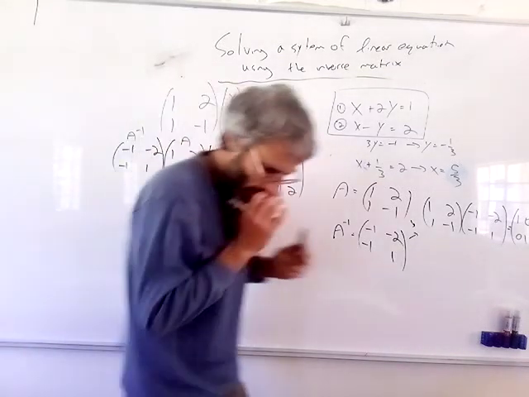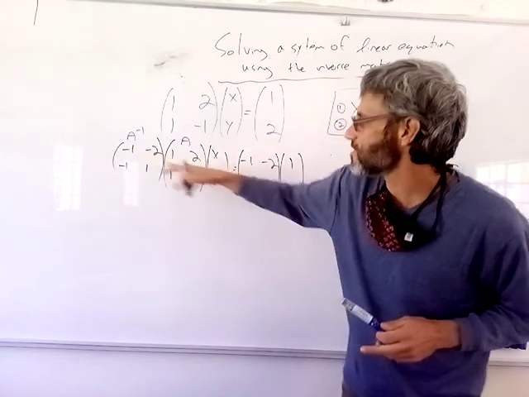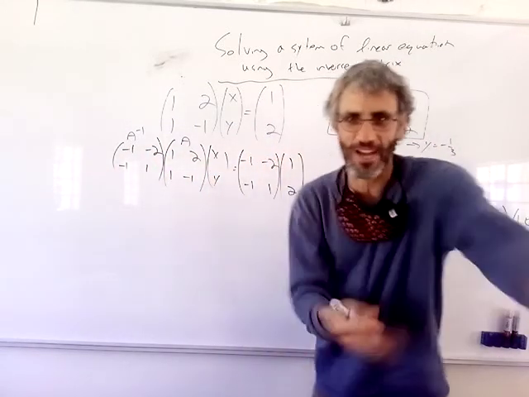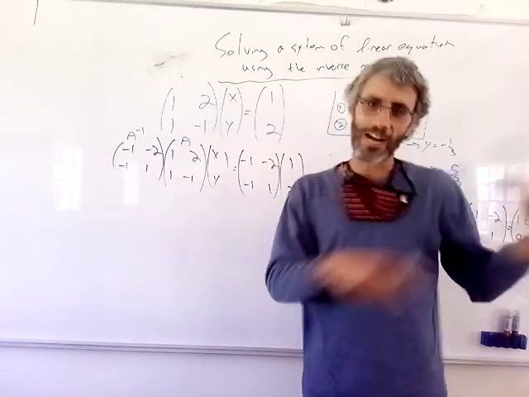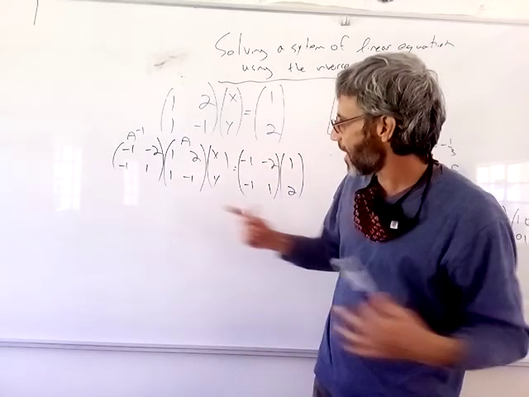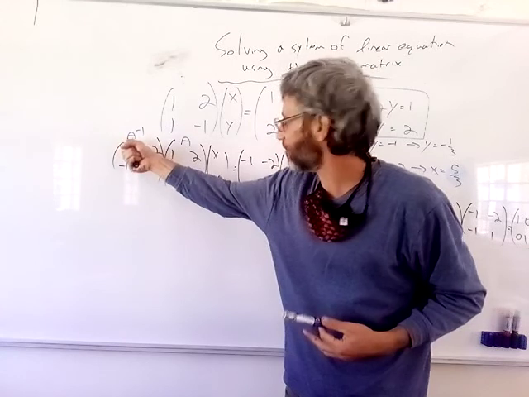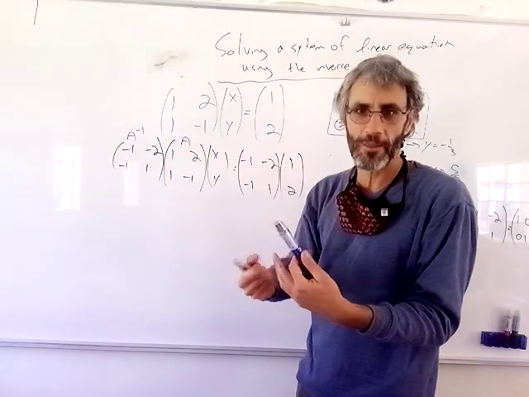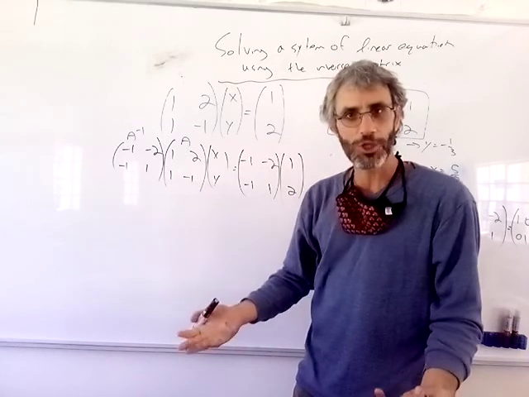Now I need to multiply that, but I don't need to do it now. Hopefully you paused me and did it. I've done it before the video. By definition, if this is an inverse and this is the matrix, then if I multiply them, what should I get? Correct, I should get the identity matrix.